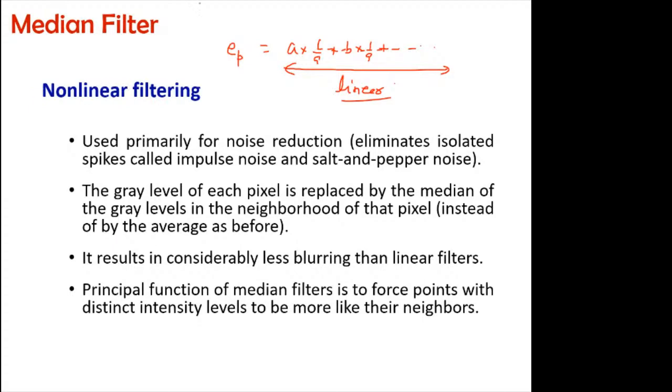तो जो भी अभी I told you that median filtering, है ना, in which the mask is put and median of the values, 9 values will be taken, and whatever is the median, that will be assigned to the center pixel. That is called median filtering. Okay.